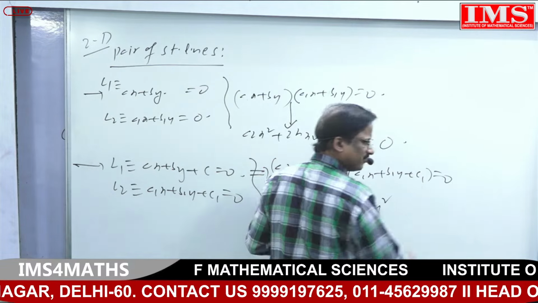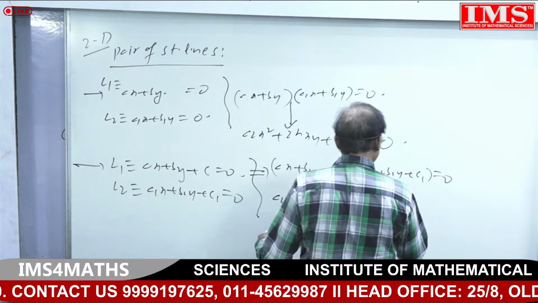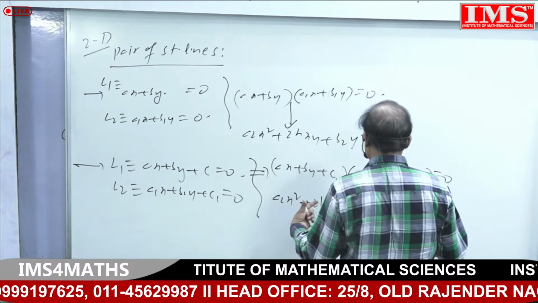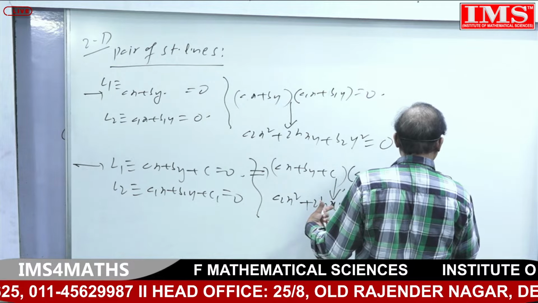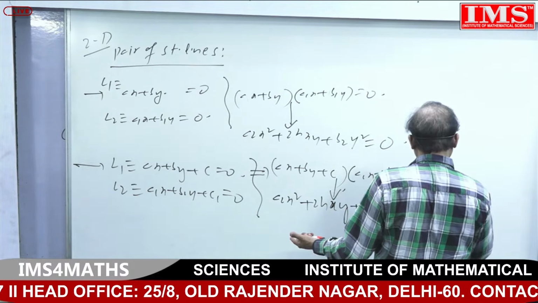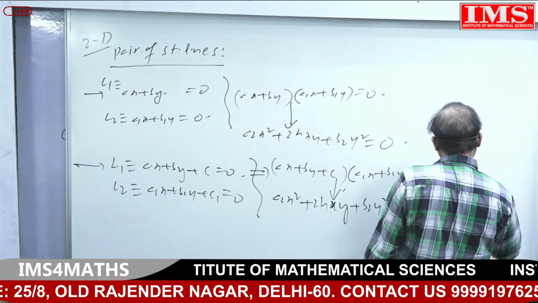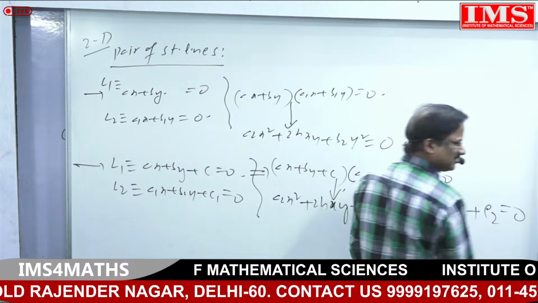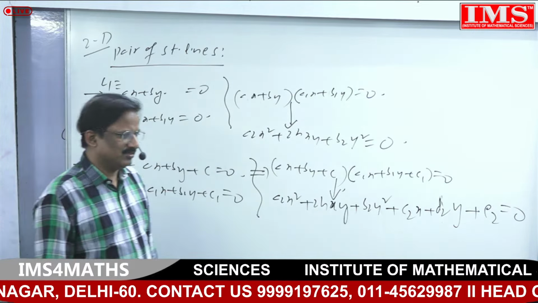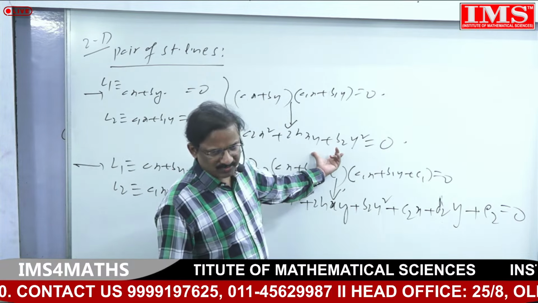All second degree terms I wrote, and again I'll write here c2 x term, d2 y term, and e2, that is equal to 0, isn't it? That means it is not a homogeneous equation. A homogeneous one is where all my terms have the same degree.